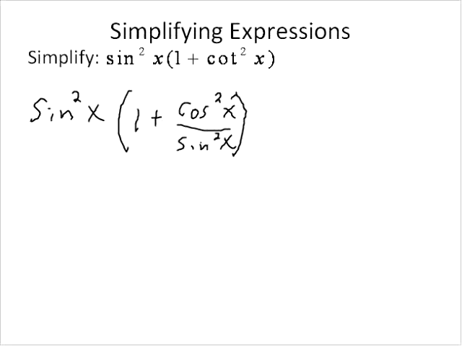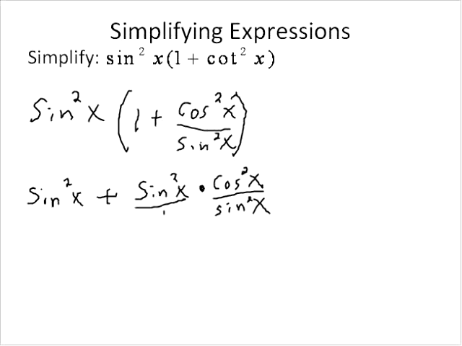Now when I multiply the sine through, I'll get sine squared x times 1, which is just sine squared x, plus sine squared x times, we can think of that as cosine squared x over 1, over sine squared x.